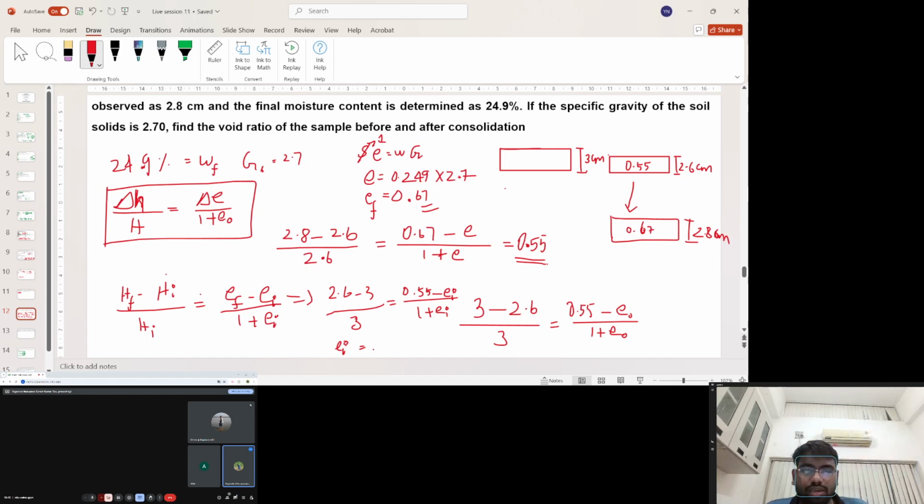So we are getting e initial as 0.79. We are able to get this value.